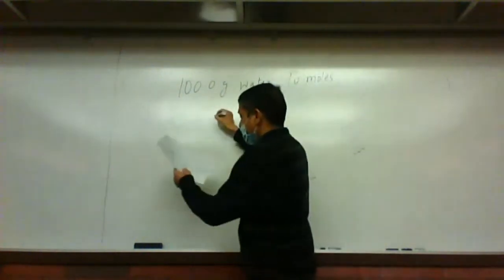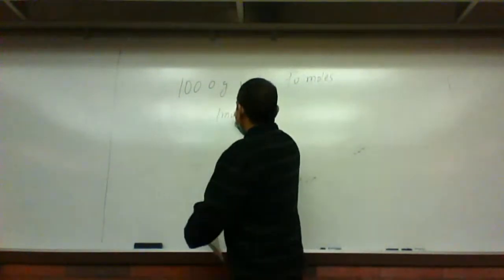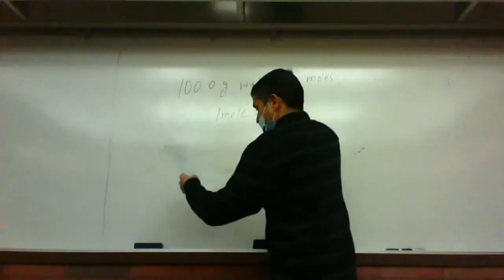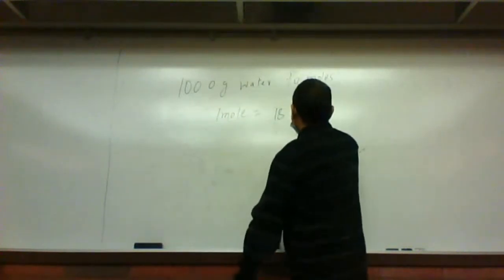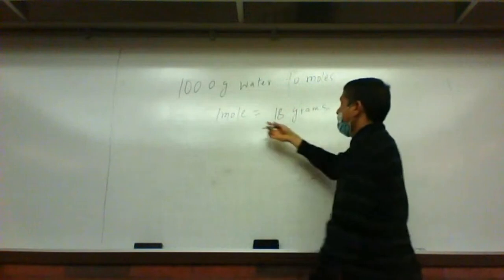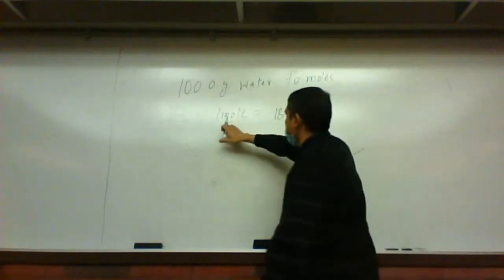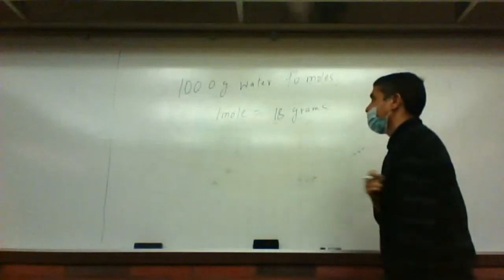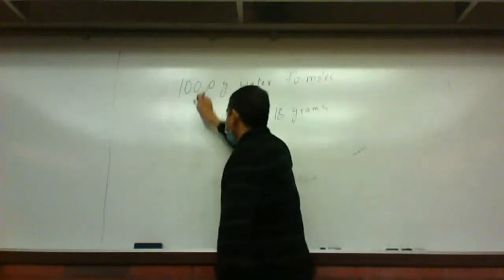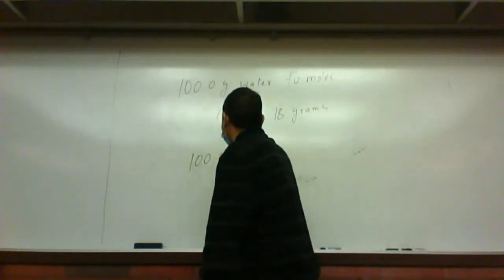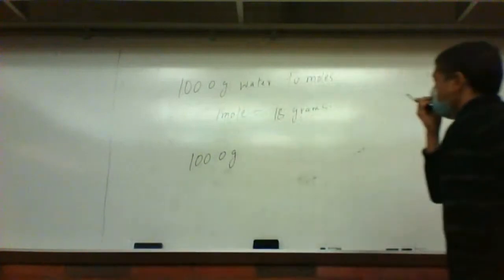The conversion factor here is 1 mole of water is equal to 18 grams. Our job is to convert 100 grams of water to moles, and the conversion factor is given as 1 mole equals 18 grams. Now I'm going to put 100.0 grams here.